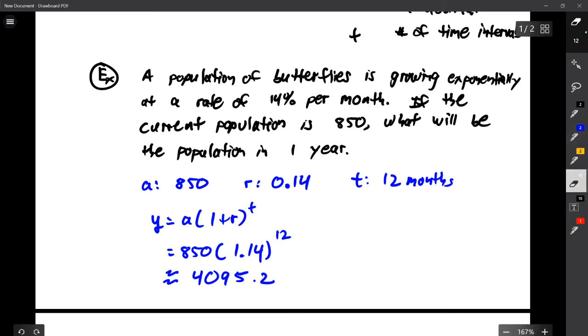It's like, well, it's not quite regularly rounding because what if I had 0.9? I would argue that because this is growth, if we have 4,095.9 butterflies, we haven't quite gotten that next butterfly yet as far as the numbers are concerned. So I would still keep this as 4,095. So that's my answer, 4,095 butterflies.